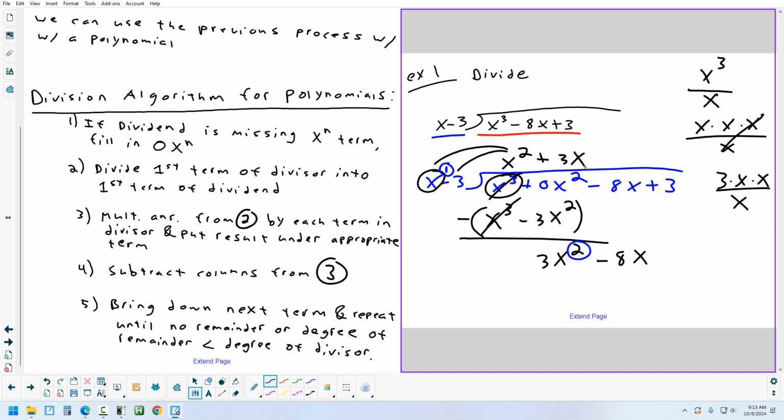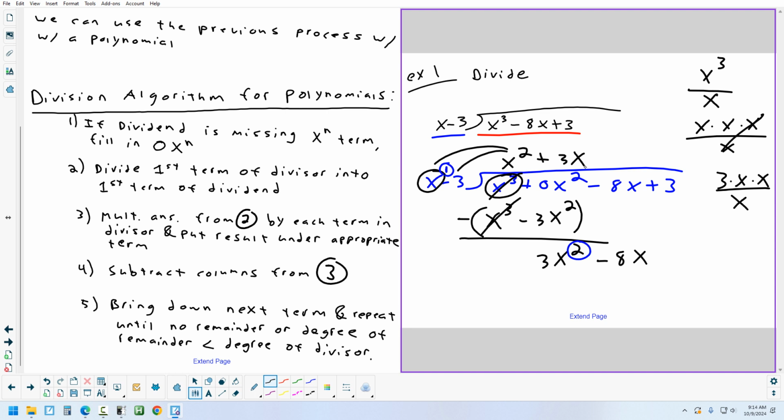Now, what do I do with the 3x? Not yet. We're going to do subtracting of columns, but we skipped a step. We don't have any columns to subtract here yet. You multiply it by the x minus 3. Right.